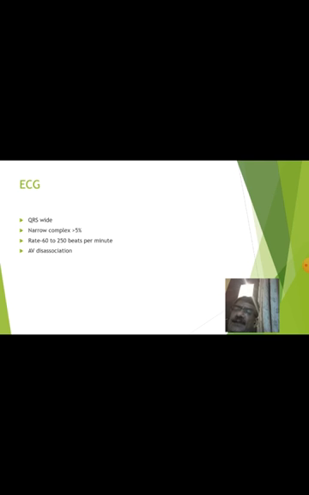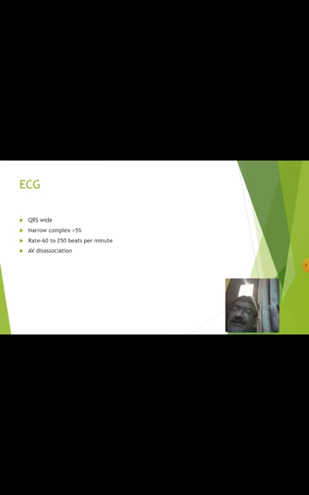See, the basic mechanism is when the impulse originates in the SA node, comes to the AV node, then goes to the ventricles to the His-Purkinje system. The lower down the impulse originates, the complex becomes wider and wider. So in a fascicular VT or a lower basal segmental VT, the complexes may be quite narrow.